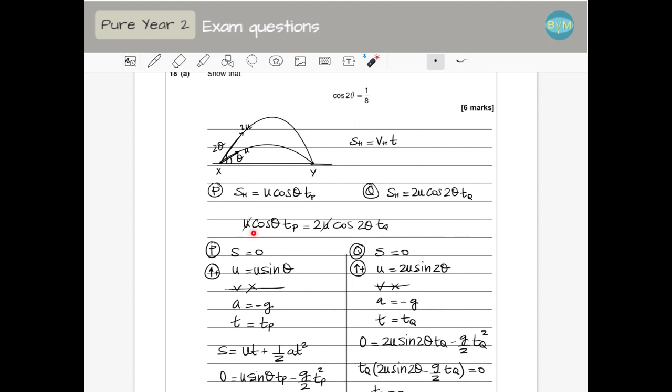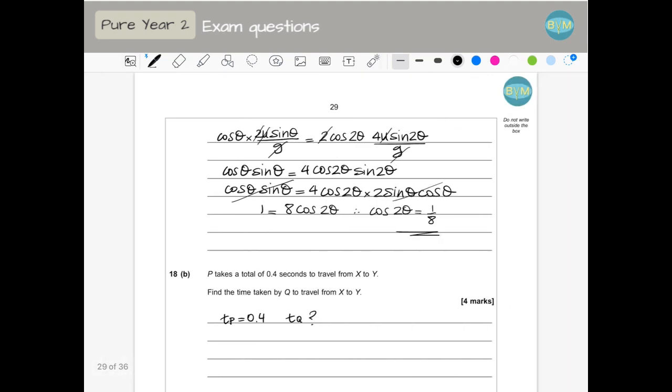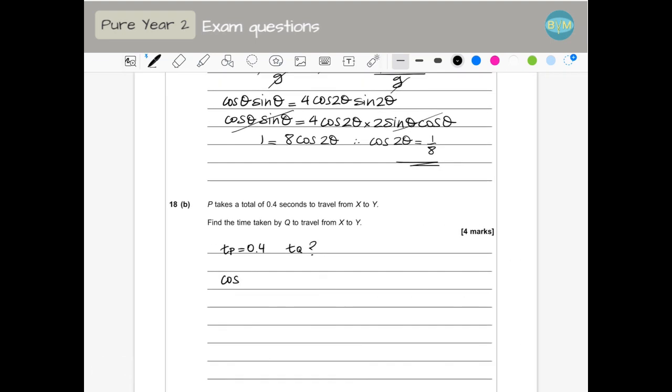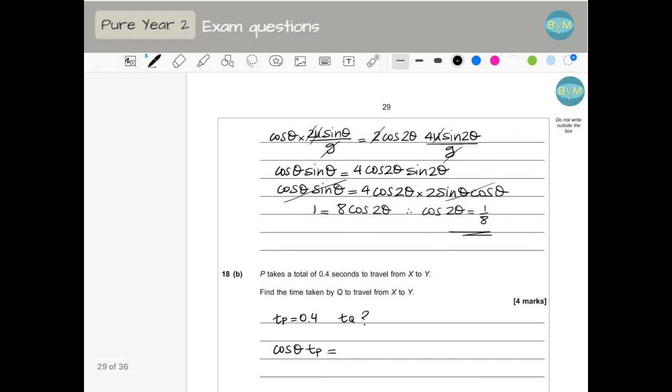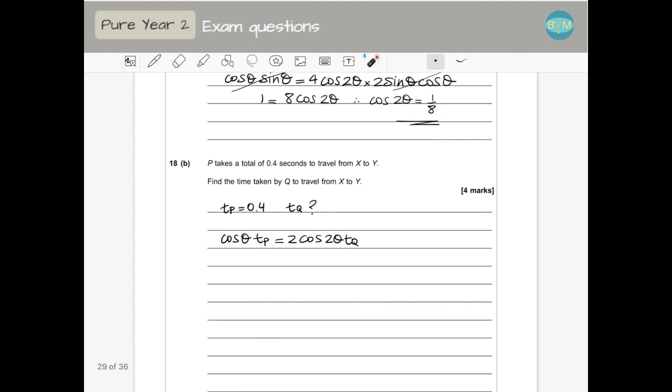And then we can find cos θ with the double angle formula. I'm going to use cos θ tP, so cos θ tP is 2 cos 2θ tQ. I already have that equation. I know tP, I need tQ, I know cos 2θ, so I'm going to use the double angle formula to find cos θ.